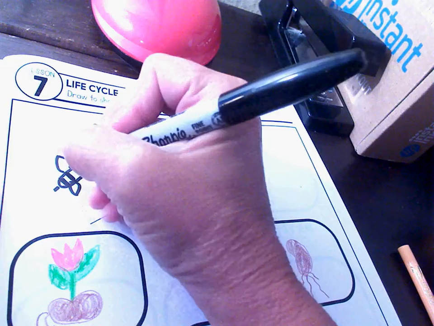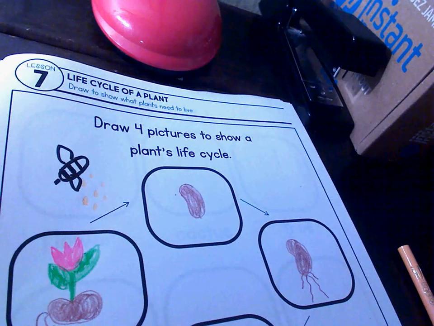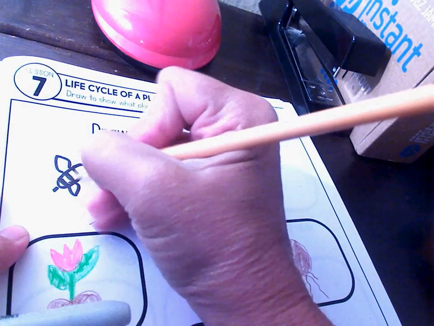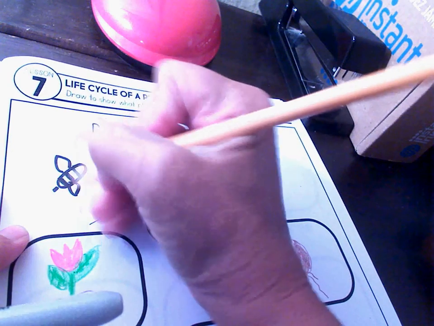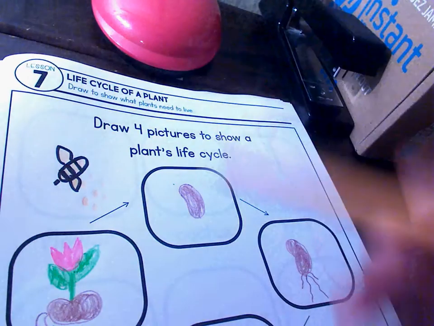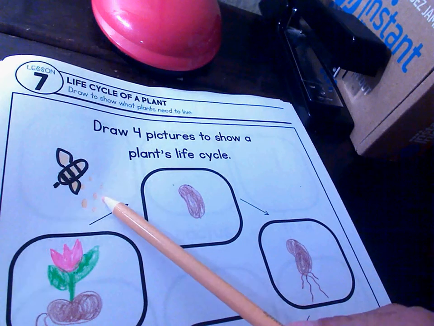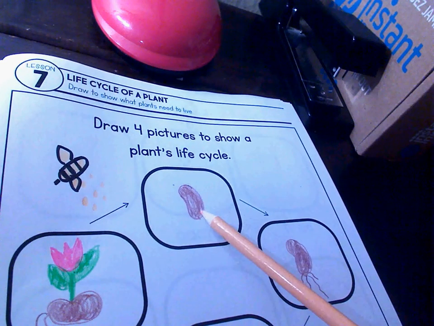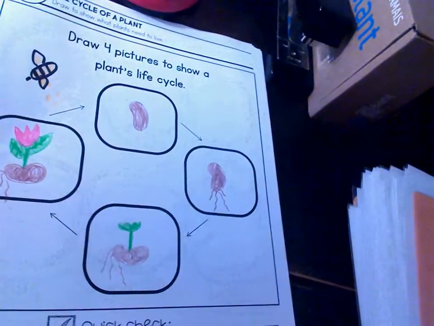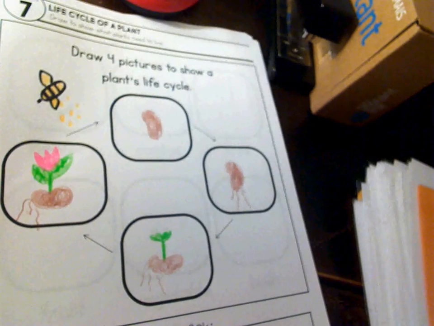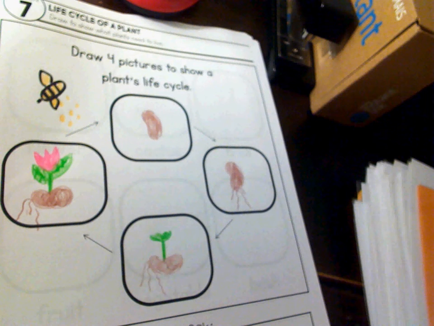Oh, he's kind of a goofy looking bee. And then I'm going to color him yellow because bees are black and yellow. Okay, and so what happens is that bee comes along and helps pollinate and create more seeds so that the seeds can be planted, so that the roots can grow, so that a seedling can hatch into a full-grown adult plant. And that, boys and girls, is the life cycle of a plant.